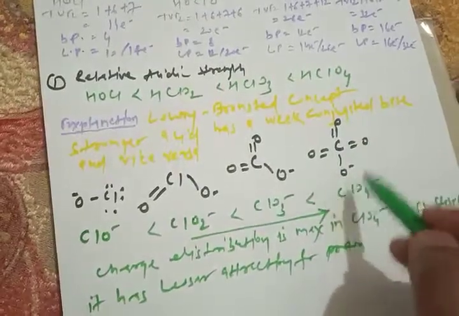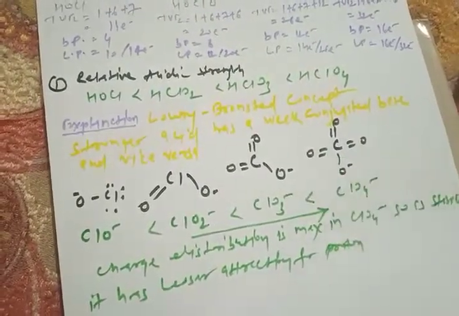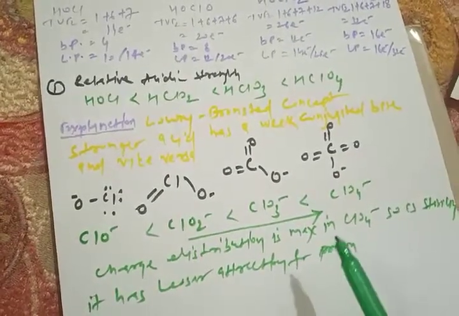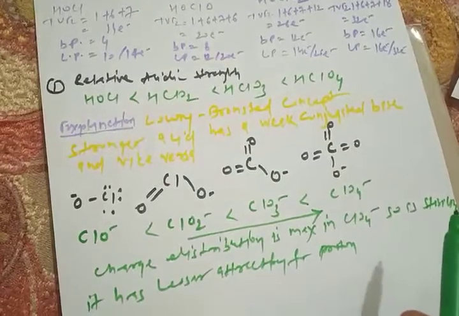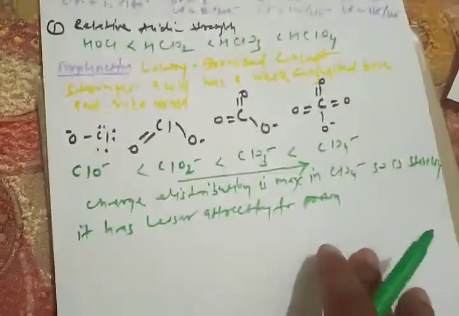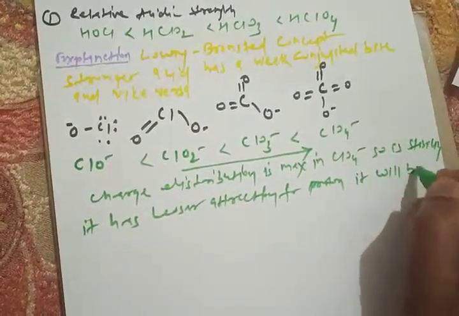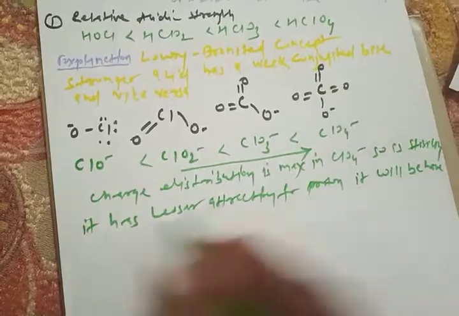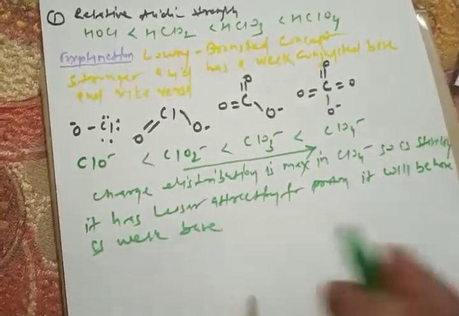If it has a maximum distribution of this negative charge, it will be more stable, and if it is more stable, then it has a lesser attraction for proton, and it behaves as a weak base, because of the non-availability of attraction of protons. Okay, so the reason is clear.